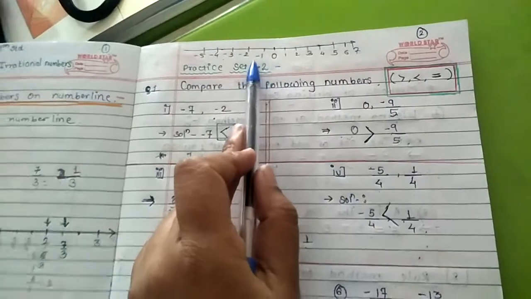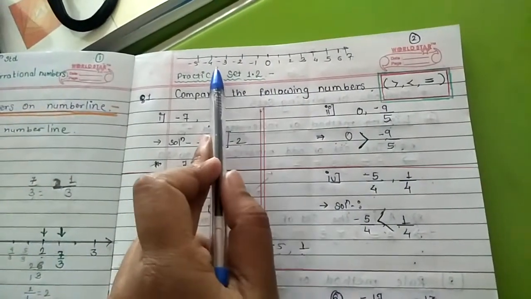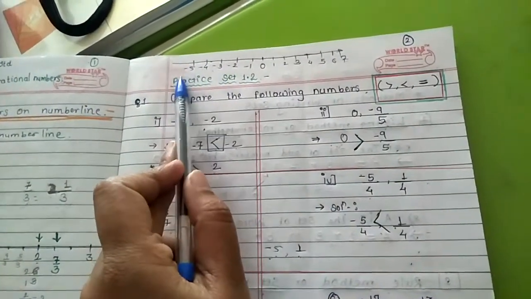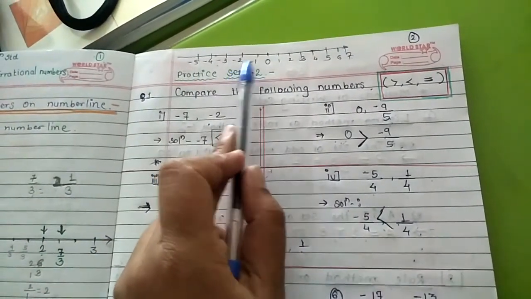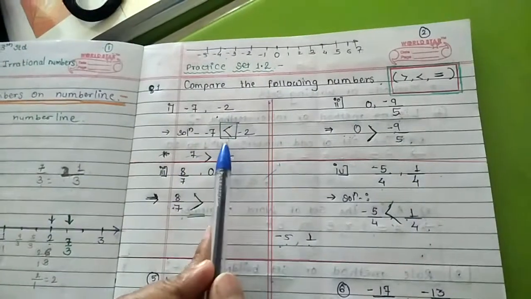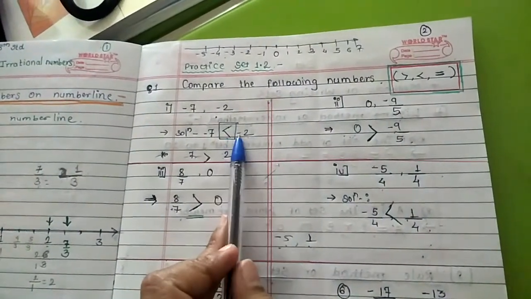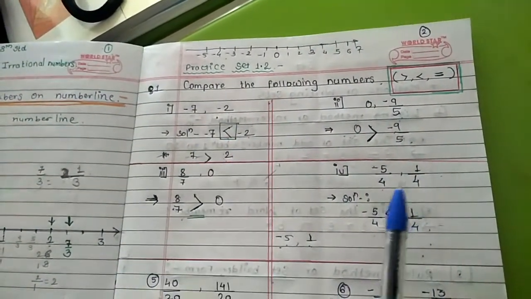On the number line, -2 comes first on the left side of 0, and then -7 comes somewhere further left. So -2 is near to 0, and in negative numbers, -2 is bigger than -7.